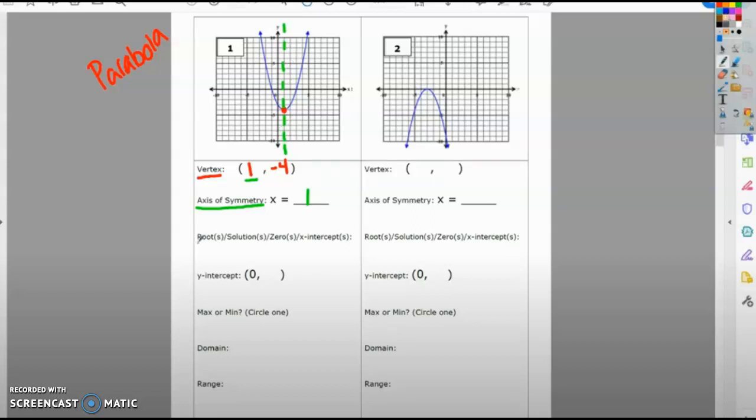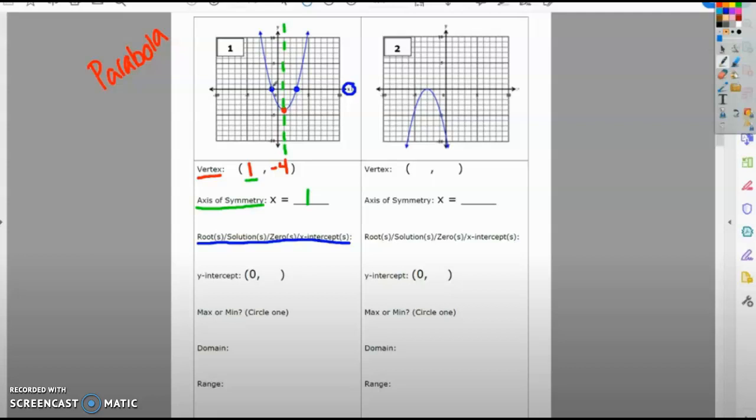Next we have the roots, solutions, zeros, x-intercepts. These are all the same thing. You can just hear them in multiple different ways. What these are is wherever our graph hits the x-axis. Here's our x-axis, and if you see, it hits the x-axis right here and right here. So in this case, we have 2 roots, solutions, zeros, or x-intercepts. You don't always have to have 2 though.